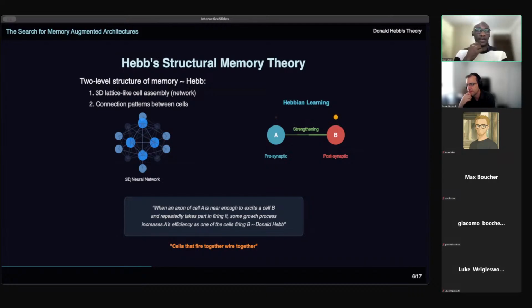If you get a specific input to the network, then there are specific cells which fire together, right? If those cells fire together, then they create what's called an engram, and that engram is an encoding of their behavior or their way of learning, for example.